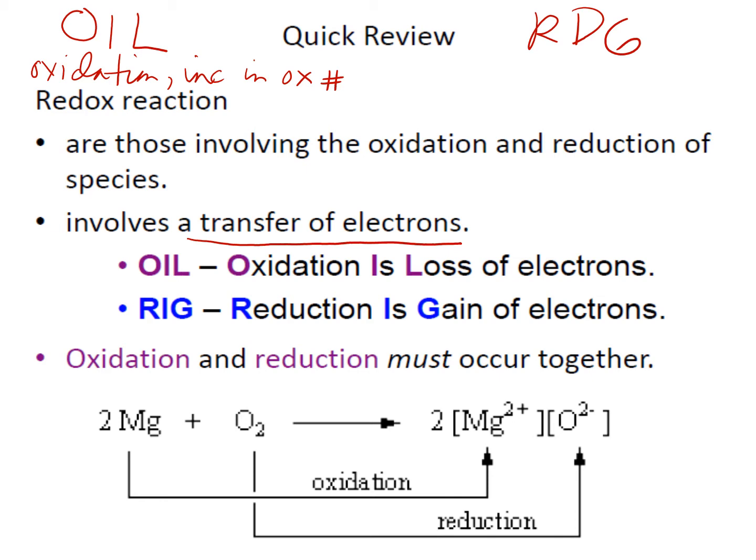The result of this loss or gain of electrons is the change in the oxidation number. For oxidation, there is an increase in the oxidation number because our atom would actually lose electrons. So it involves loss of electrons. So the L here stands for, again, loss of electrons.